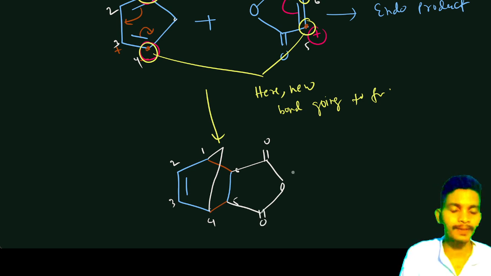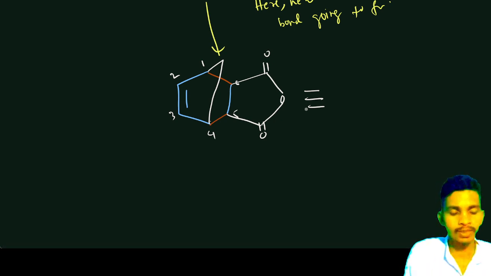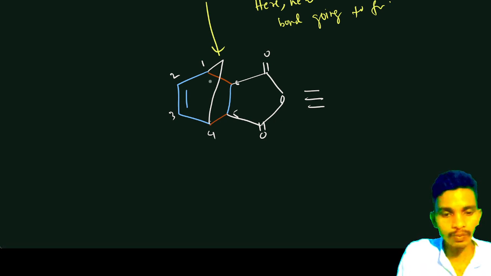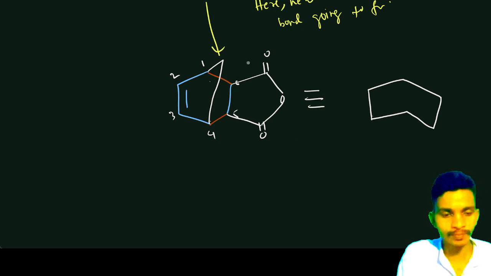This one I simply write, but now how will we write the stereochemistry? We can make this type of bonds here, and this is the dot.